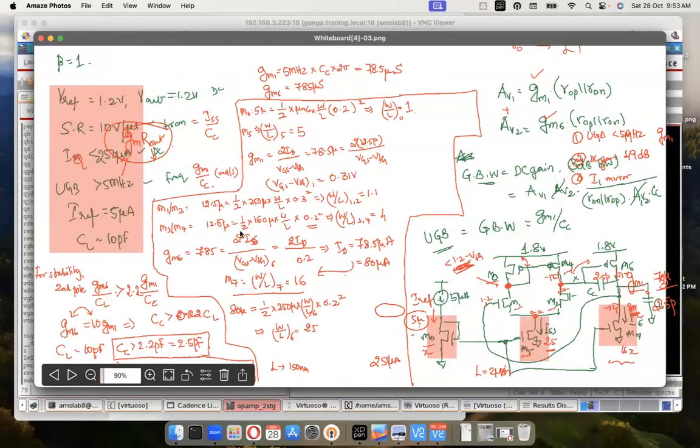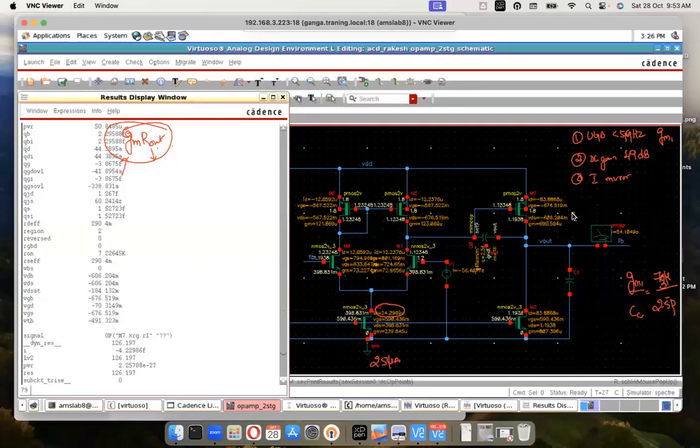It's M6. So the VT that we considered was not really this. We did not consider anything. We just considered VGS minus VT to be 0.2. What is VGS minus VT? VGS is 676, VT is 491. Is it 200? No, it is around 170 millivolts. There is a mismatch here.